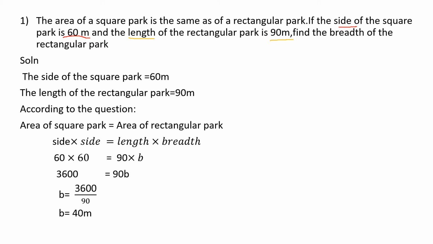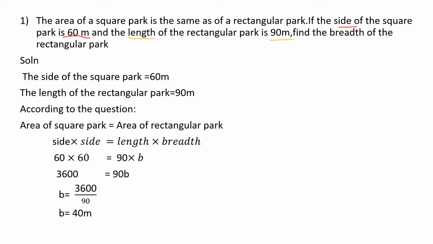And when you measured, you found the area of the square park is equal to the area of the rectangular park. When you calculated the area of the square park, you got an answer. The same way when you calculated the area of the rectangular park, you got an answer. Both are the same.